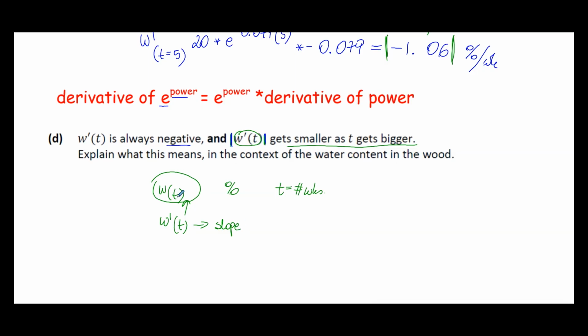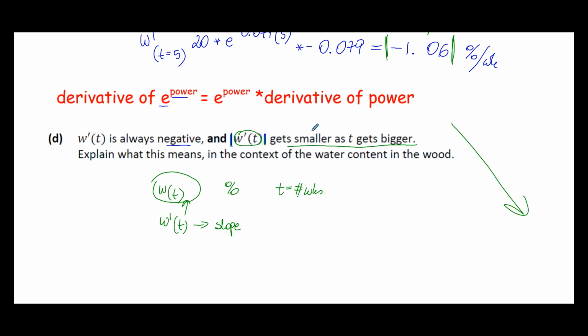So the slope of this function will be going down because it will be negative, and negative slope means going down. Now, what is this function again about? Percentage of water. Yes, the more time, the drier the wood, therefore the smaller the percentage, so the value of my function goes down. Yes, the derivative is negative. Yes, it all makes sense. So that's one part of the context of the question.